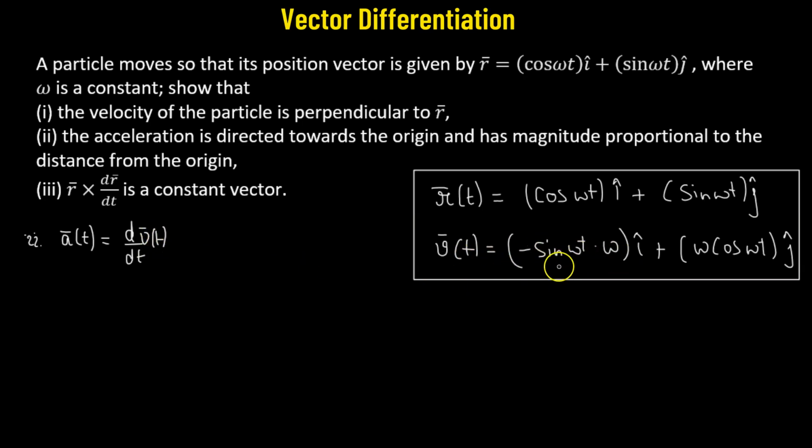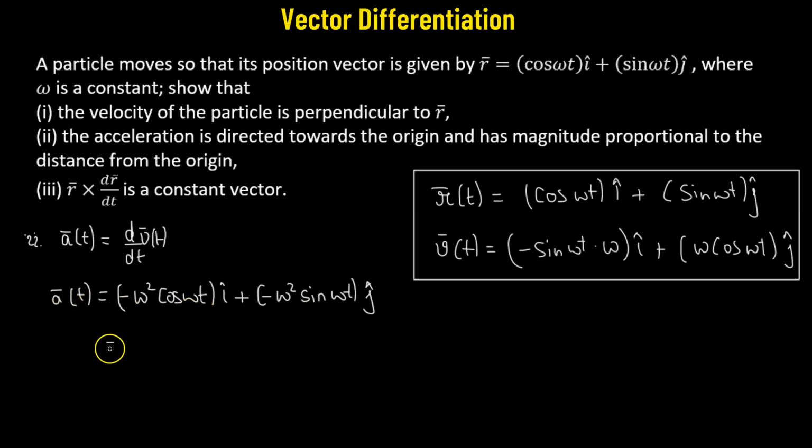So the derivative of the components of the velocity vector: we have omega times negative sine omega t, so that becomes negative omega squared cosine of omega t i cap, plus we have omega times cosine omega t, so its derivative with respect to time will be negative omega squared sine omega t j cap. So this is going to be our acceleration.